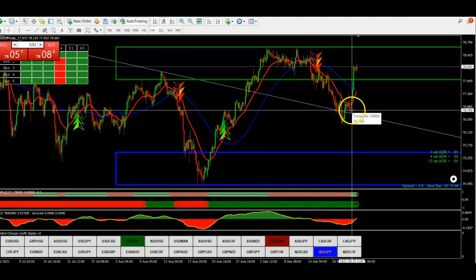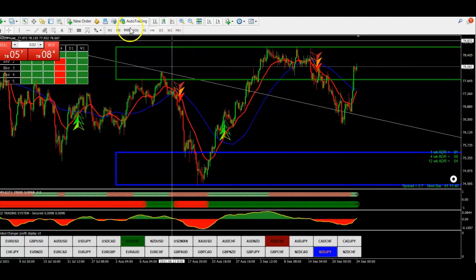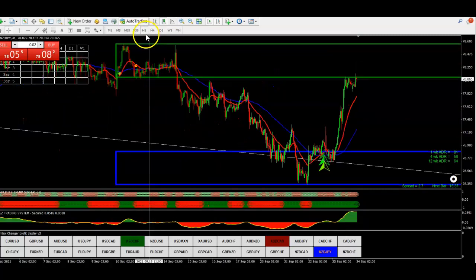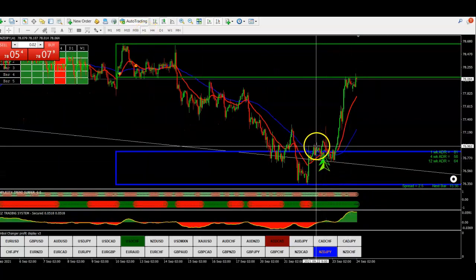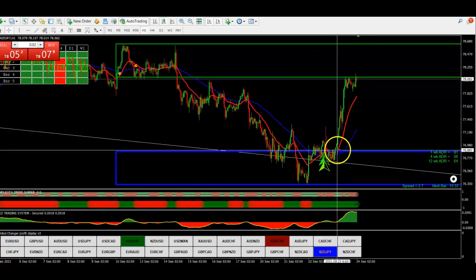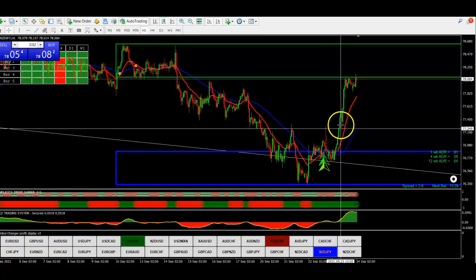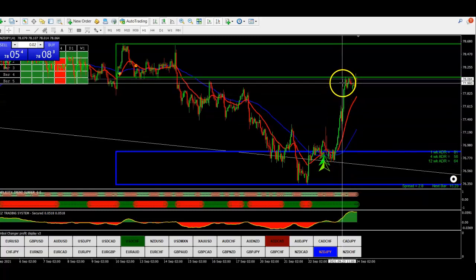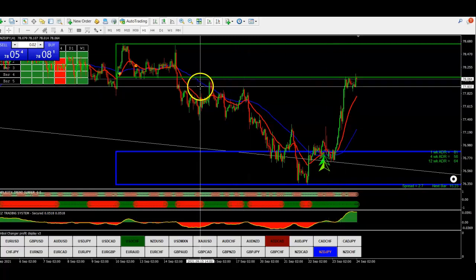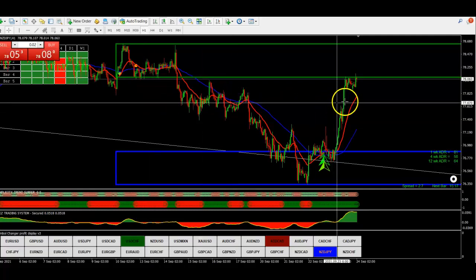But I entered around this area over here, right there. Okay, and you can clearly see that was a perfect head and shoulders right there, inverse. Okay, and I was able to catch this. This was one of the news days. I think it was yesterday's news, and I was able to get here. I had my take profit around this area over here. You see, I have my take profit right here.